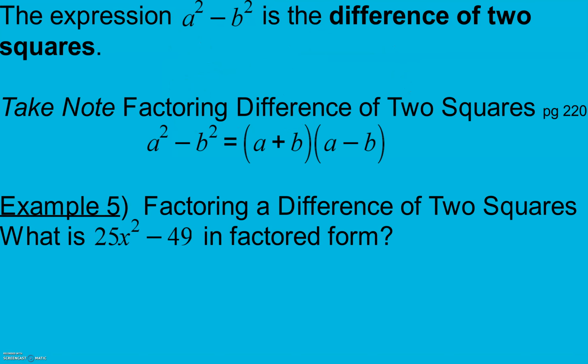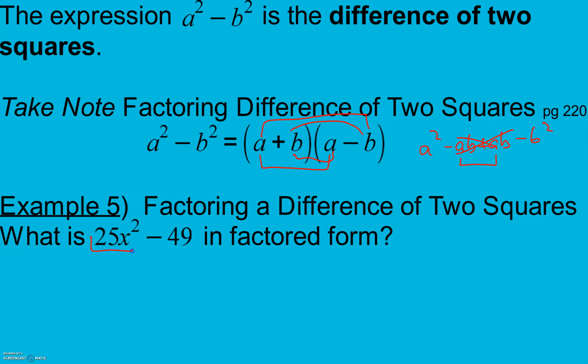The expression a squared minus b squared is the difference of two squares. Take note here, page 220 says that a squared minus b squared is a plus b times a minus b. And that's because my outsides and my insides are opposites. They add to 0. So I just get a minus b.